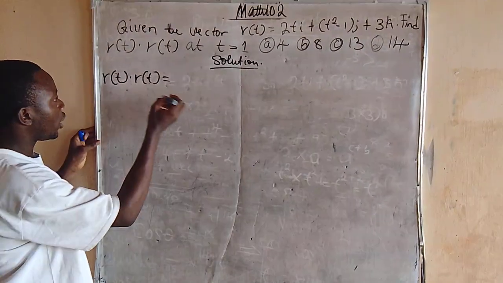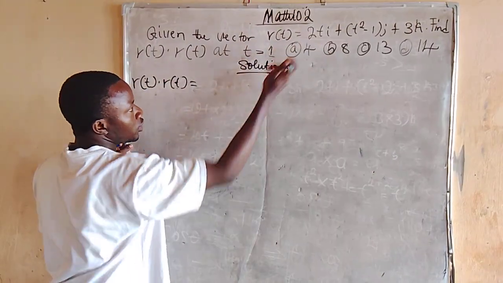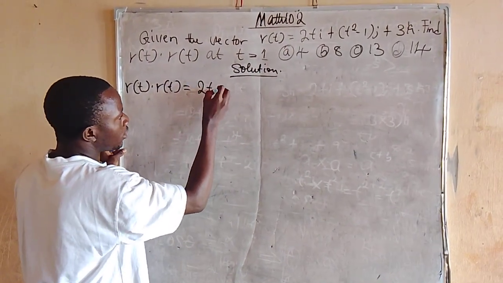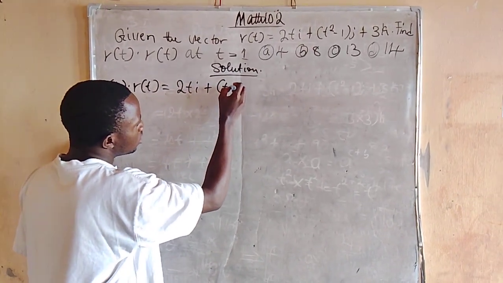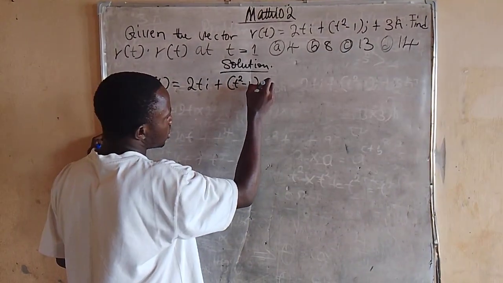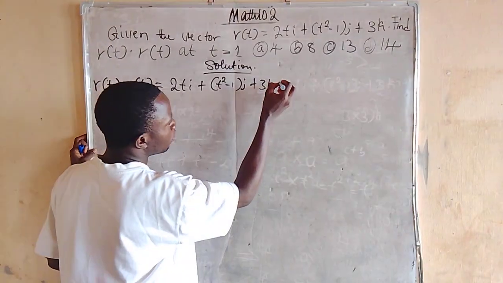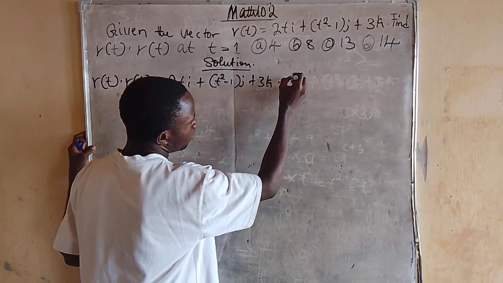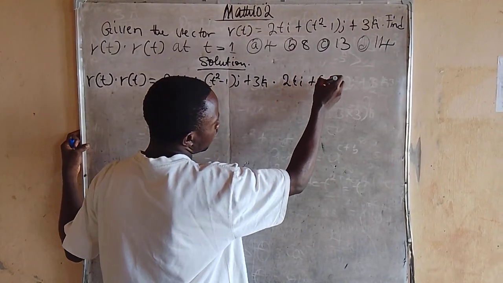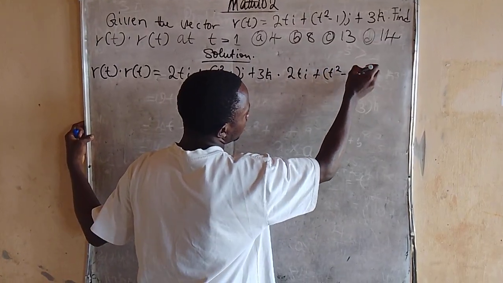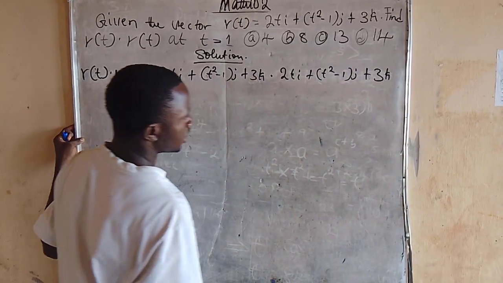Before that, let's write this down. The value for r(t) is given as 2t i plus (t squared minus 1) j plus 3k, and we multiply by the vector itself: 2t i again plus (t squared minus 1) as the j component, and lastly 3k as the k component.